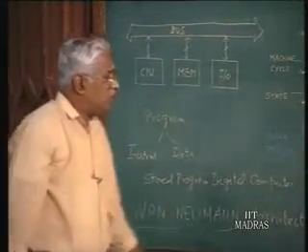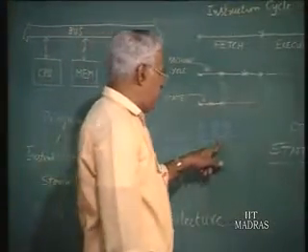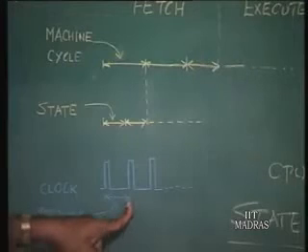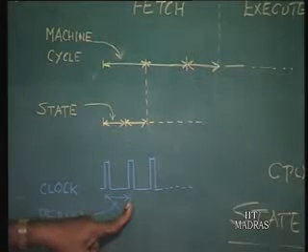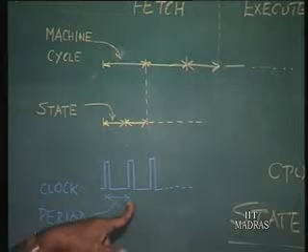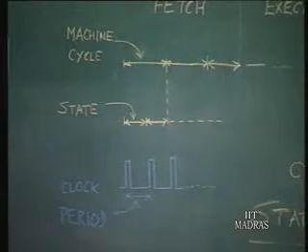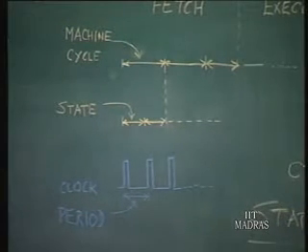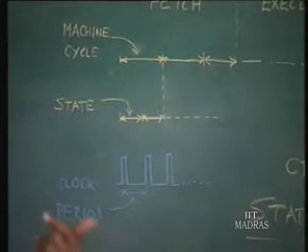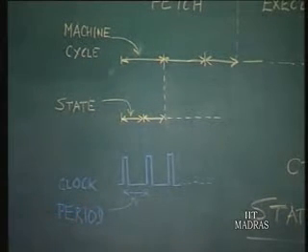Now when it comes to the state machine, that is where some basic activity is going on, it may be as simple as moving contents from one place to another place within the CPU. Now what are these various places within the CPU? At least we got some idea about the memory last time.